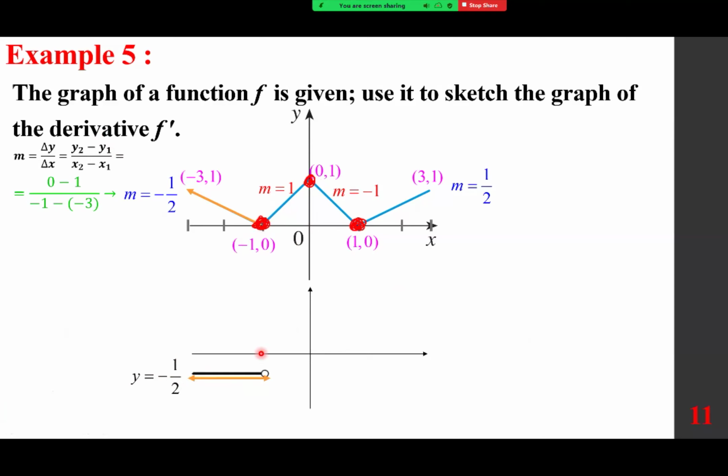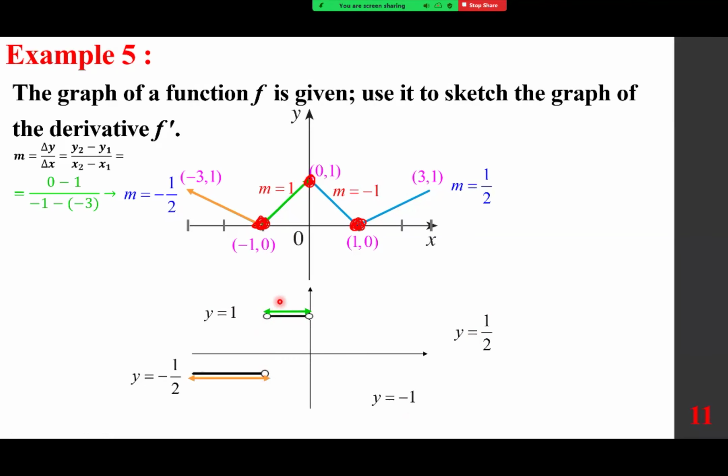So this corresponds to a hole. So we have y equals 1 for this one, y equals negative 1 for this one, and y equals 1/2 for this one. For example, for this one, it just covers this much, and you have a hole here.